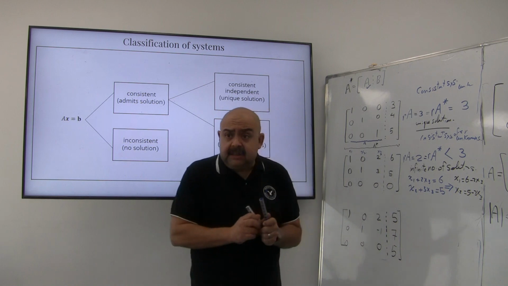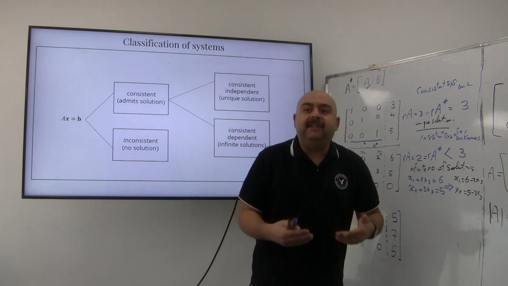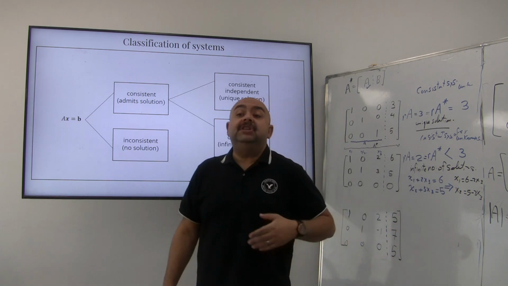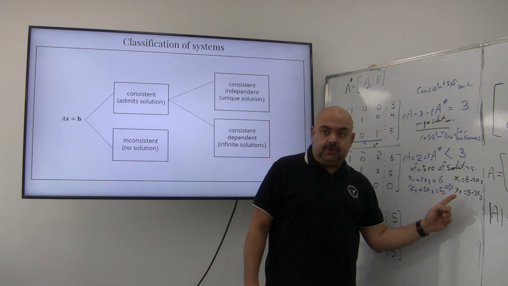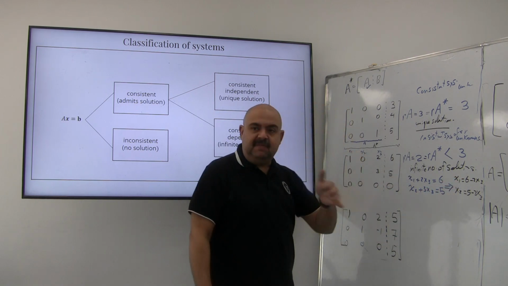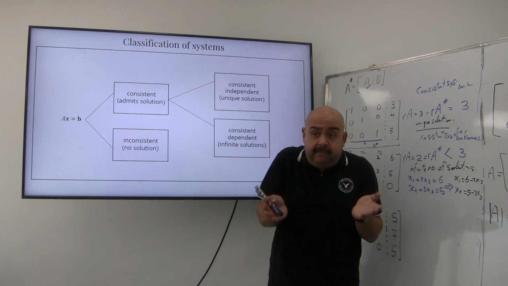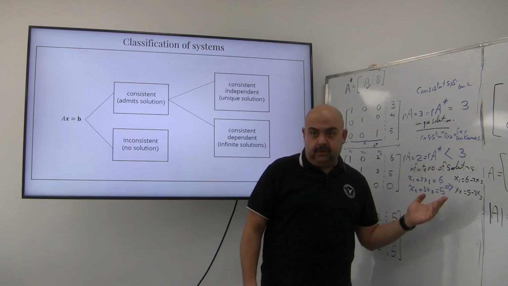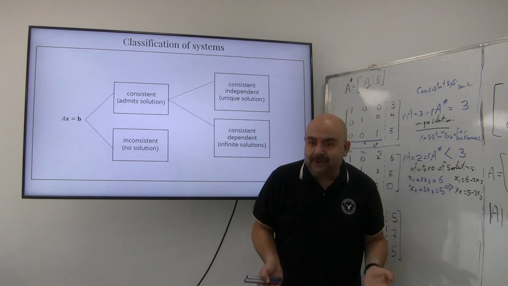In such a case, both the values of x1 and x2 depend on the value of x3. So if you choose x3 equal to 0, there will be values for x1 and x2 that make this system correct. If you choose x3 to be -1, any number, there will be other values for x1 and x2 that compensate each other and make the system correct also, and so on.